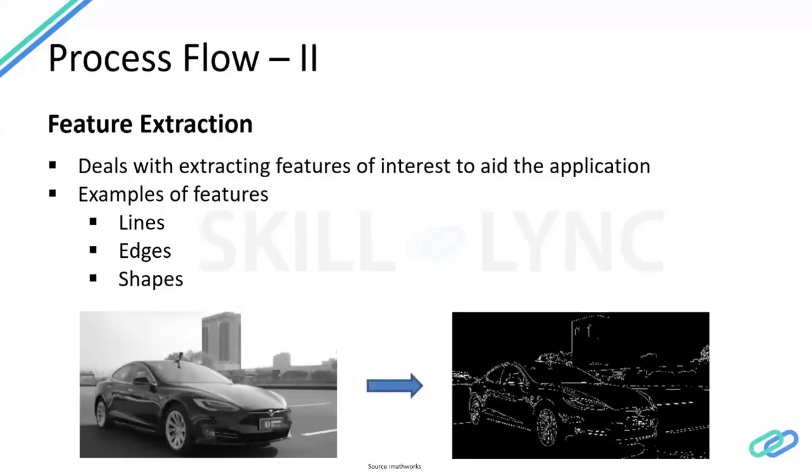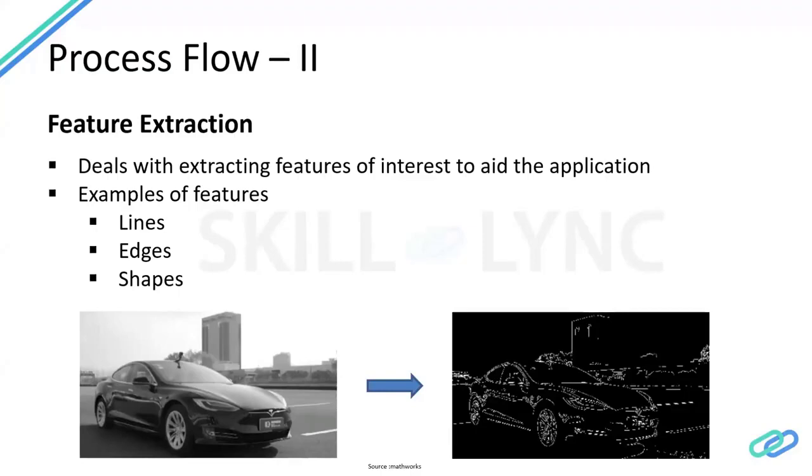Feature extraction is an important step because, based on the application and what you are interested in, the features could vary a lot. Here we see the image of a car, and then we just see the lines, shapes and edges in that image extracted out.